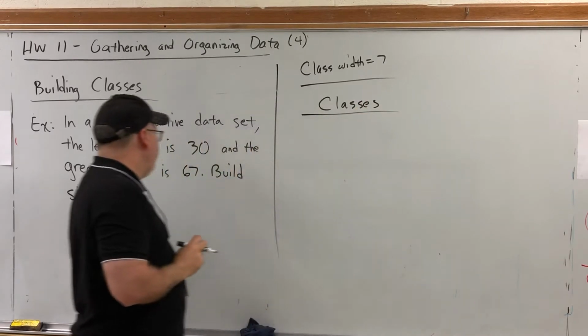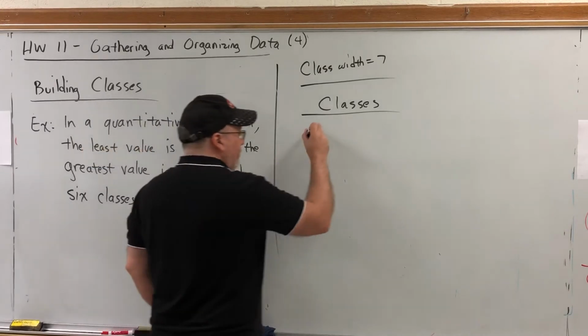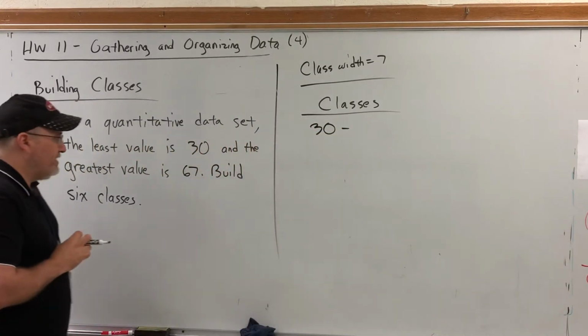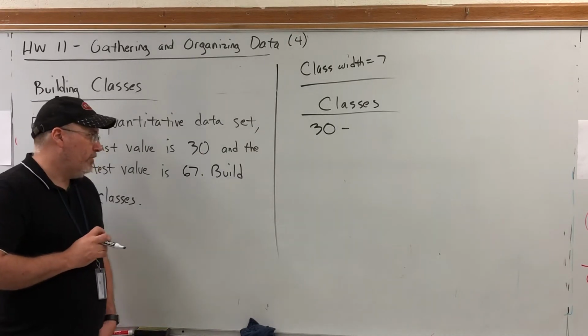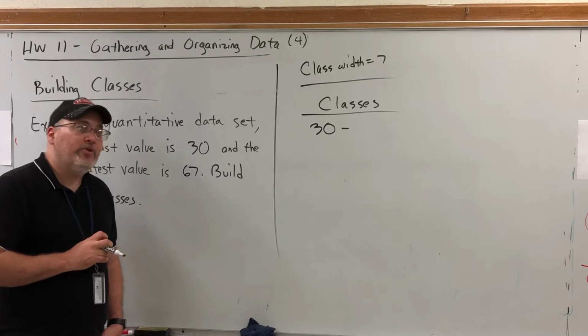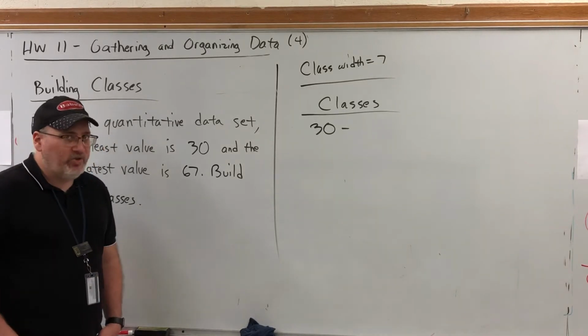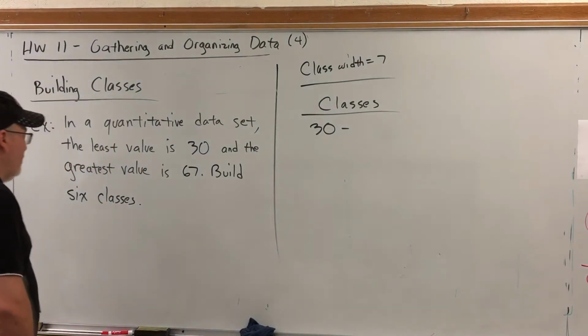We were told that the least value is 30, so the first class will start at 30. Now, one thing we weren't told is how precise these measurements were, but since they are all whole numbers, we will assume that all the other ones are whole numbers. If we add precision to 1 decimal place, these would be 30.0 and 67.0. That will be important in a moment.